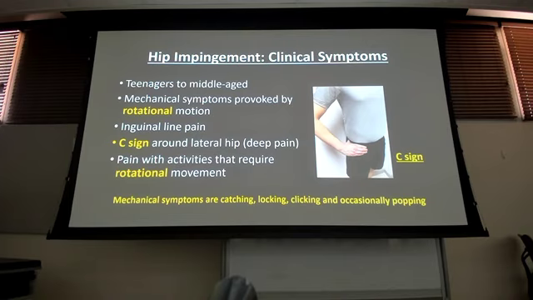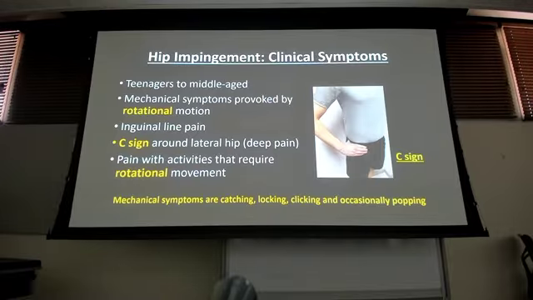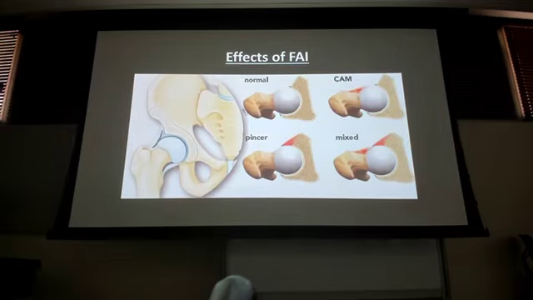At the bottom there I highlighted as well that mechanical symptoms can be present. Just like we talked about how somebody can have mechanical symptoms in the shoulder, because the shoulder has a labrum, right? So they can have mechanical type symptoms. It's important for you to delineate the symptoms that the patient is experiencing. Is it that they have decreased rotational motion due to these deformities we just talked about?